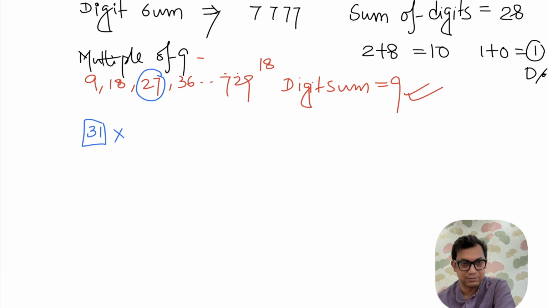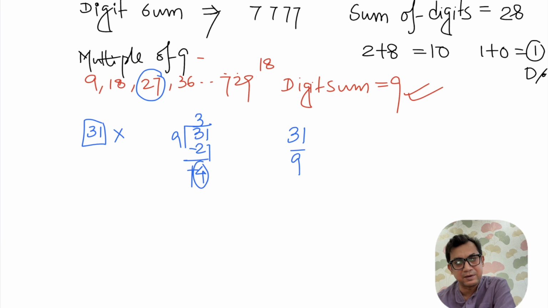What is the remainder it will leave? 31 divided by 9: 3 9s are 27, you know that. I am doing very basic things. What is the remainder? 4. I could say the same with the digit sum: 3 plus 1 is 4.